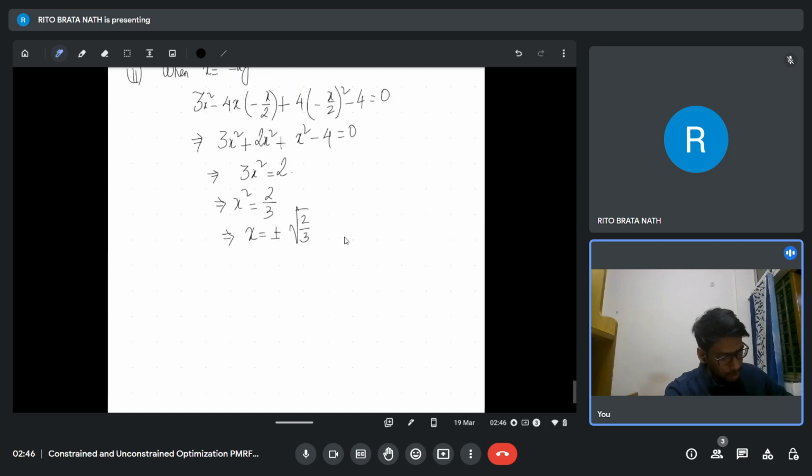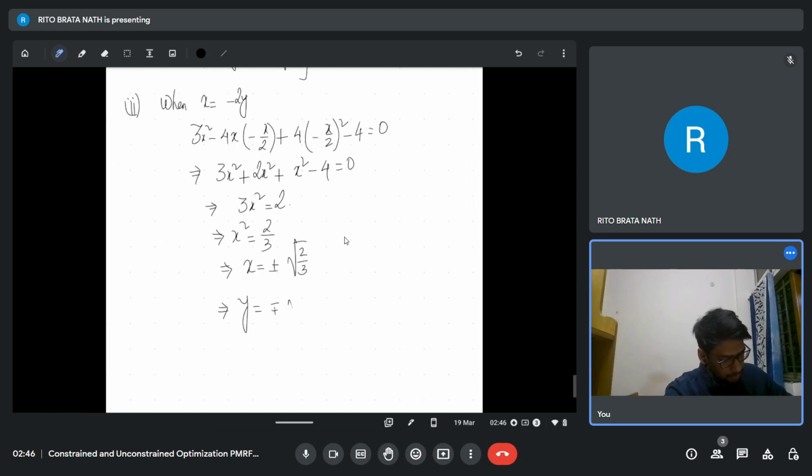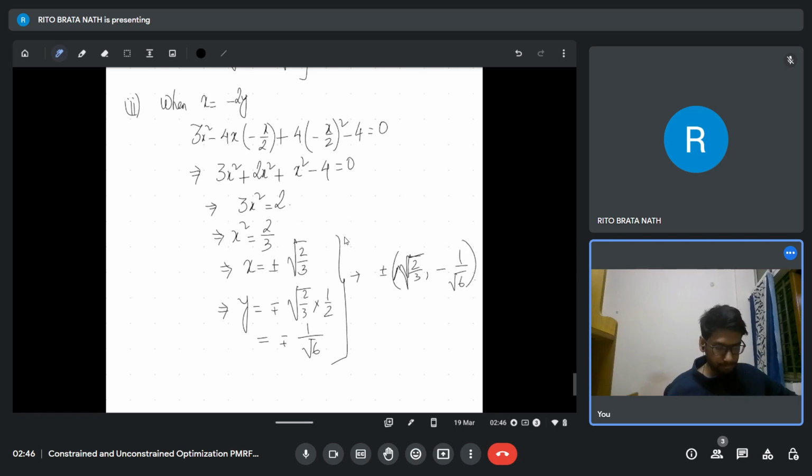That means y is minus plus 1 by root 6. So these are the stationary points.